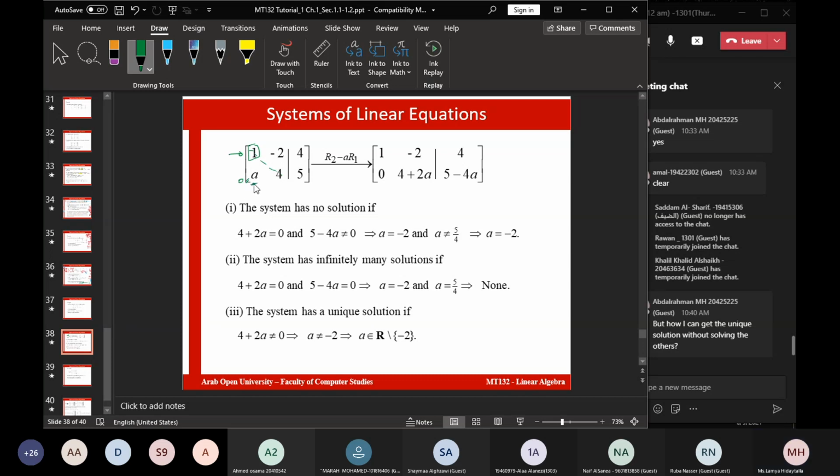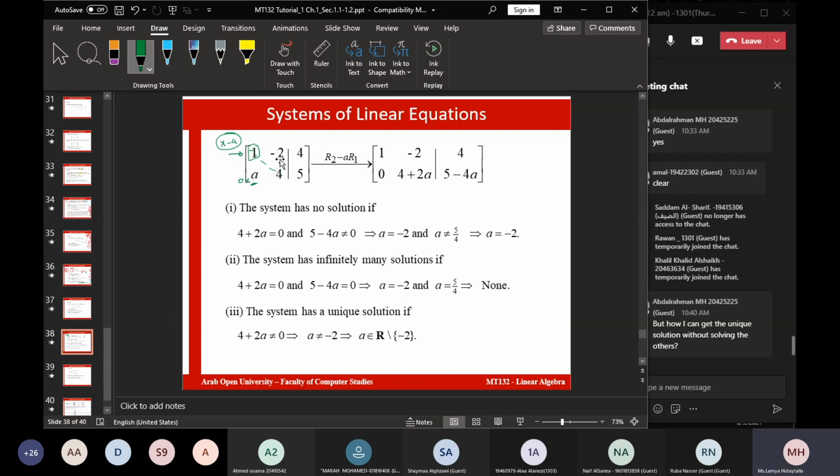So what we do, we multiply this one by minus A and then we add. So it will be 1 times minus A, minus A, correct? So A minus A is 0.